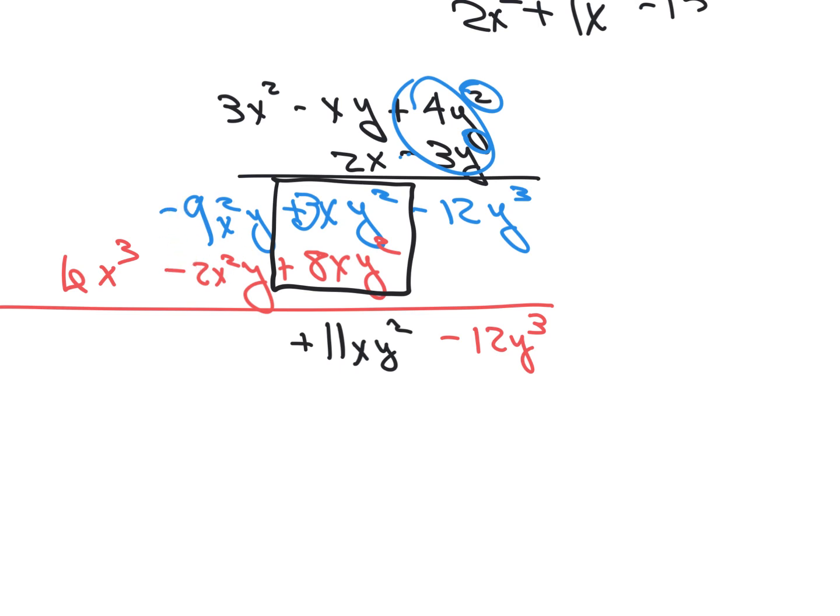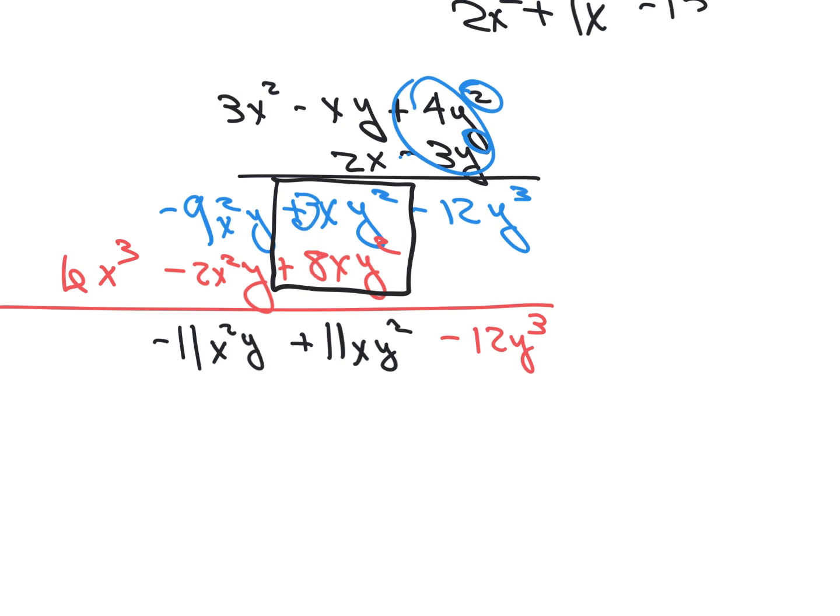Negative 9 plus negative 2 is going to be negative 11. And then I've got, are they common terms? Yes, x squared, y1, y1, so I can add these two together. So I get x squared y. So remember, when you're adding the variables, you don't do anything with them. The only thing you add are the coefficients, the numbers in front of the variables.